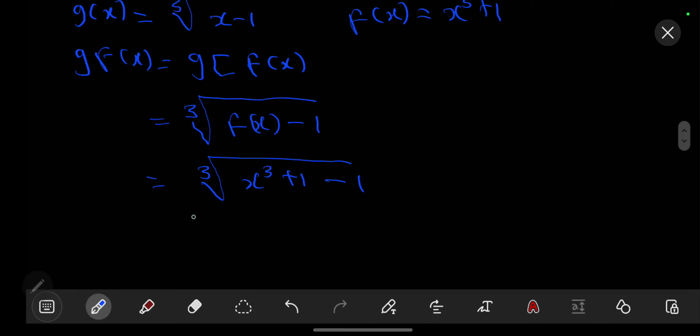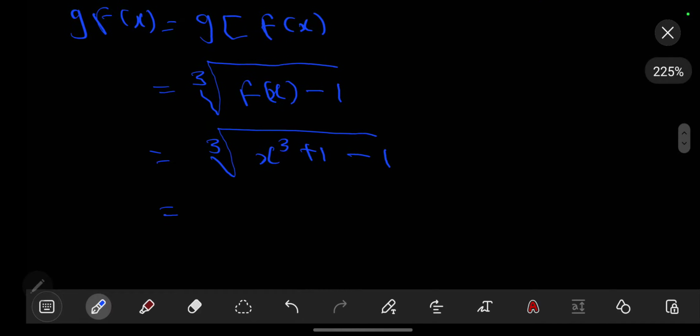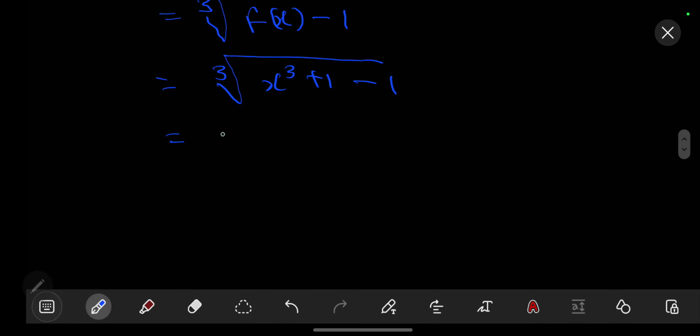So we have just substituted. So this should be equal to the cube root of, so 1 minus 1 is 0, and we are remaining with x cubed. So this power will cancel with the root there. So we have established that gf of x is equal to x.